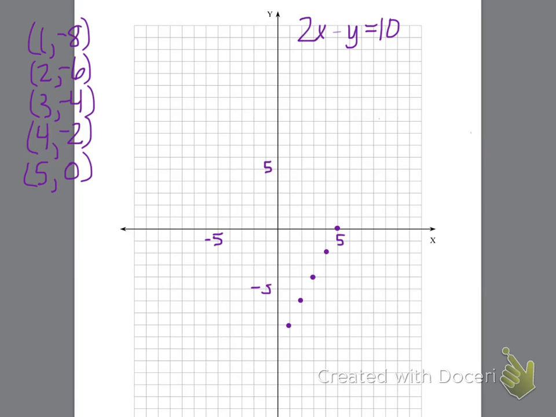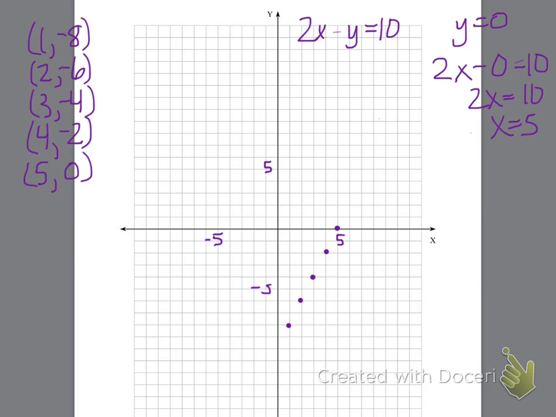We could have chosen a value for y. What if we wanted to know when y equals 0? For y equals 0, we could plug in and we'd get 2x minus 0 equals 10. So 2x would equal 10, so x would be 5. Sorry, that was the point we already had.